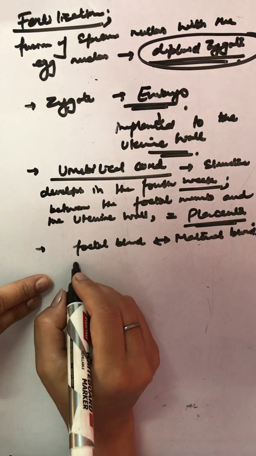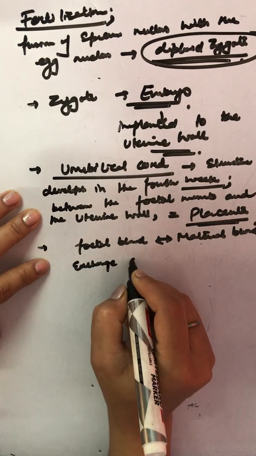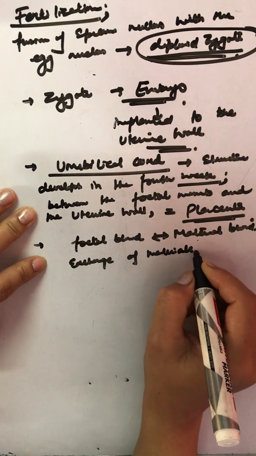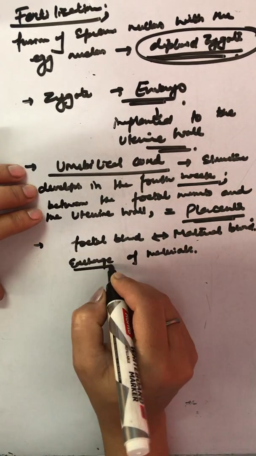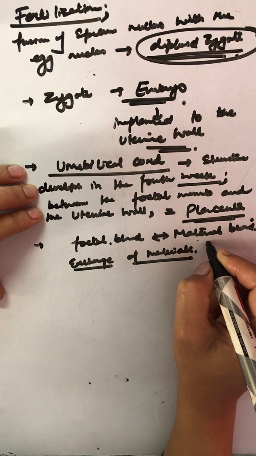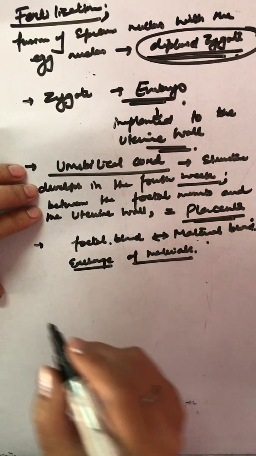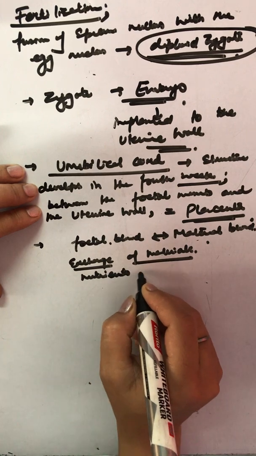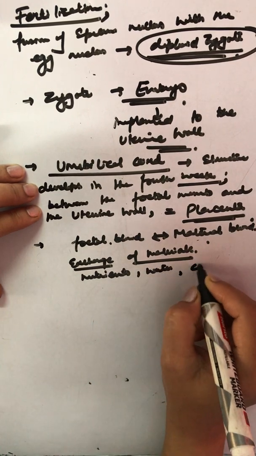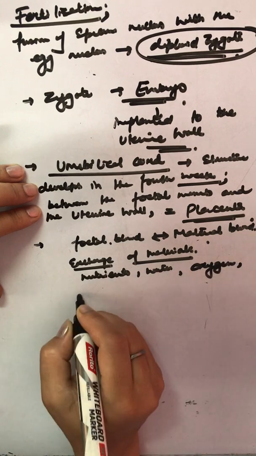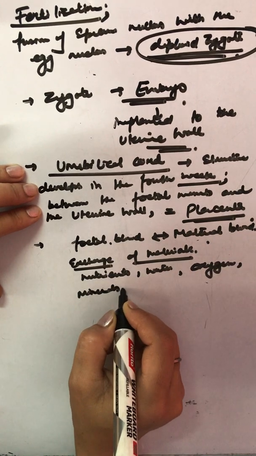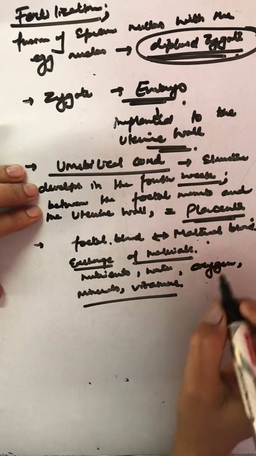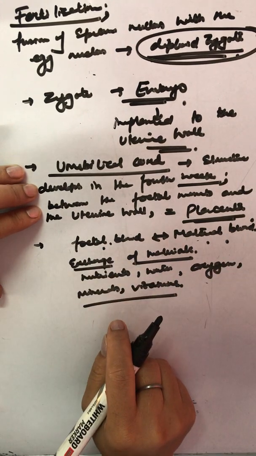They help in exchange of materials between the fetal blood and the mother's blood, definitely nutrients, water, oxygen, minerals, vitamins, all get exchanged from the mother's blood into the fetus blood.